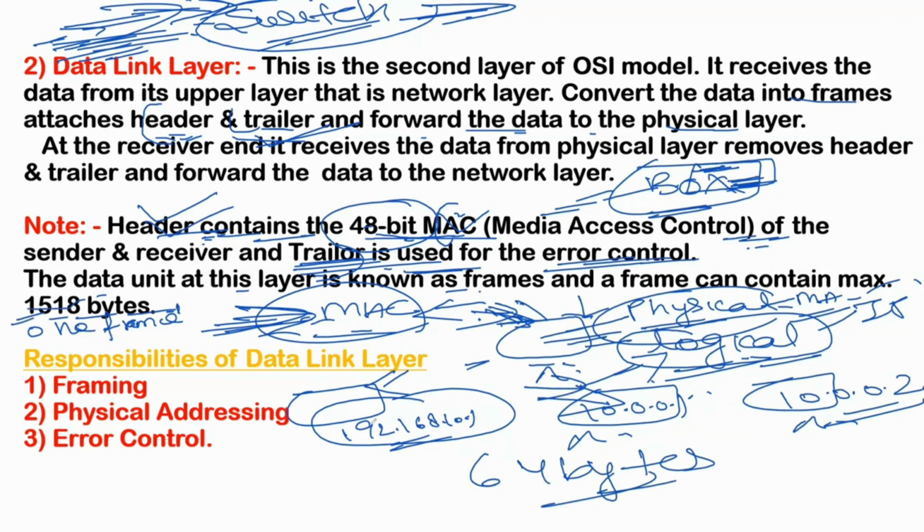The responsibilities of the data link layer are, first, framing; second, physical addressing, meaning the header is attached to the frames; and error control, meaning the trailer is attached to the frames. These are the responsibilities of the data link layer.